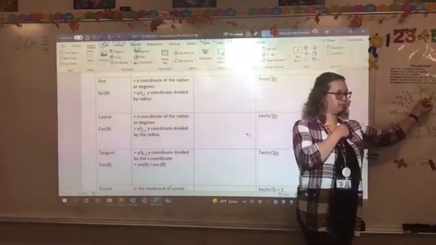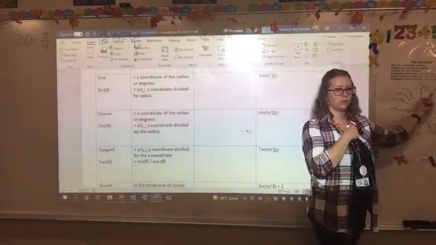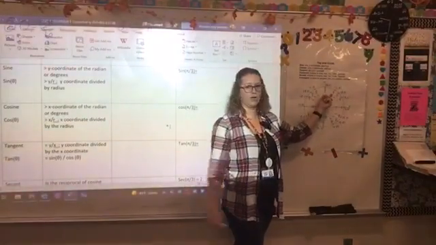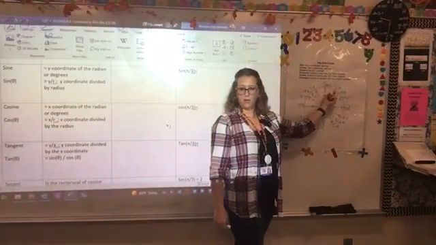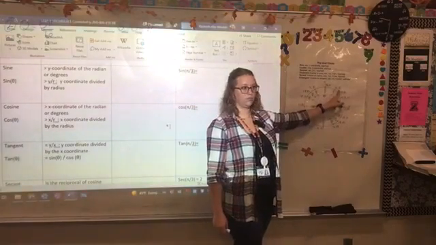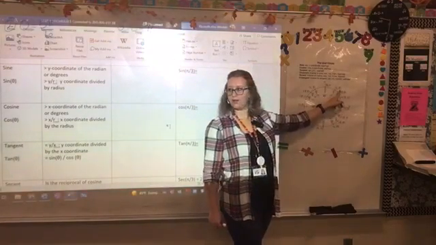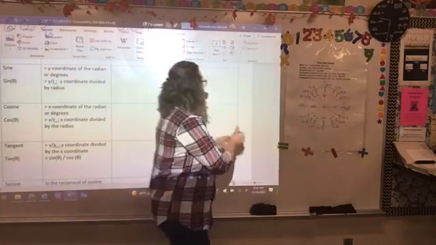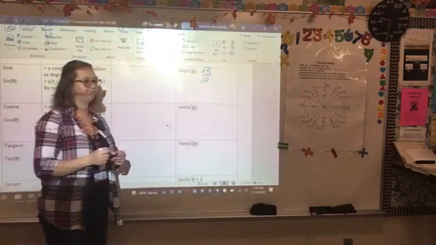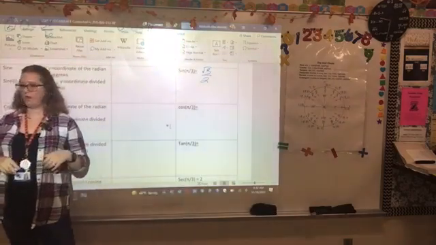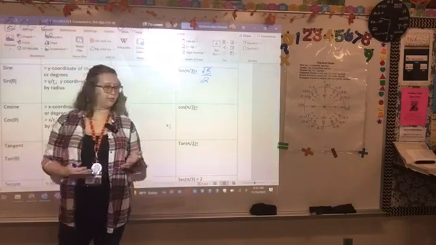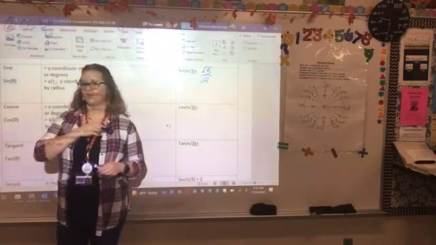Here's pi thirds. What's the y coordinate at pi thirds? Square root 3 over 2. If you can find the radian and you can tell me which coordinate's which, then you can do trig.